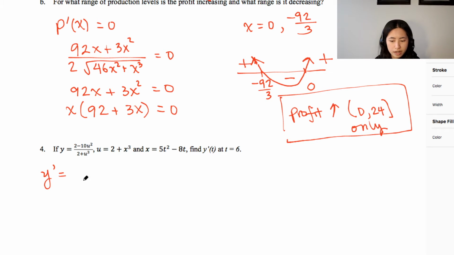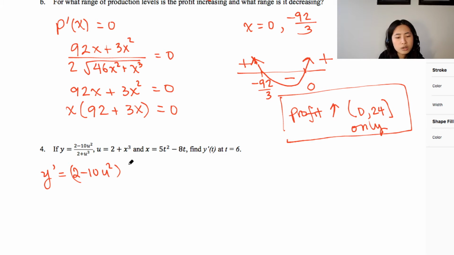From here, we can apply the quotient rule, because this is f of x and you have g of x. Does that make sense? You have two different functions combined in a fraction. Therefore, you can use the quotient rule, with 2 minus 10u squared. Just as a reminder, what is the quotient rule?